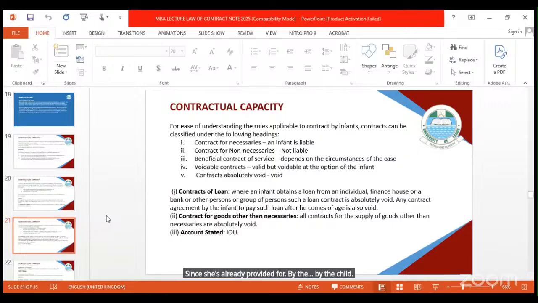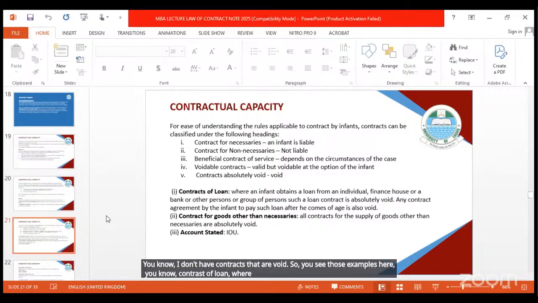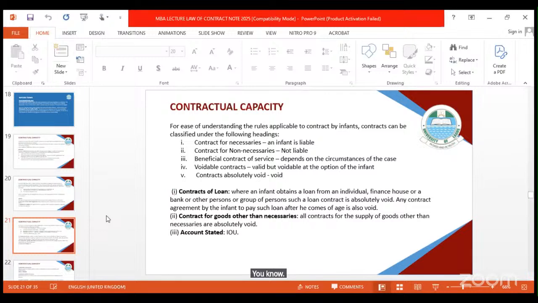Contracts are avoidable. The child may decide to ratify them when it's an adult, and then you have contracts that are void. So you see examples here: contracts of loan, where the infant obtains a loan from an individual or finance company.